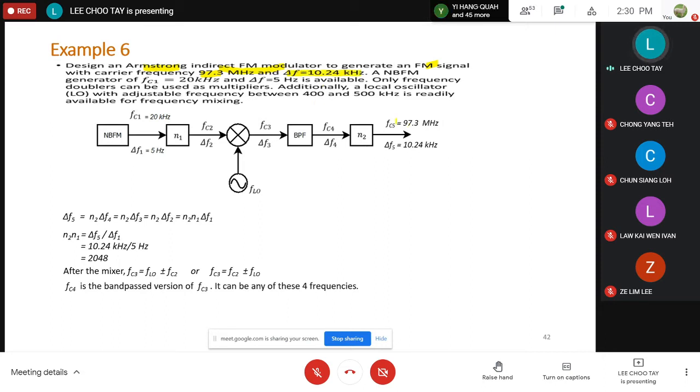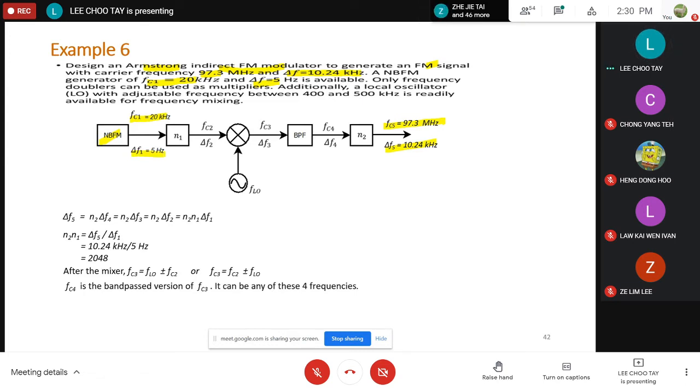Meaning at the end, we need an FM signal with a carrier frequency of 97.3 megahertz and a frequency deviation of 10.24 kilohertz. We have a narrowband FM generator that gives us a carrier frequency of 20 kilohertz and a deviation of 5 hertz. So we have this block that produces a narrowband FM signal with a carrier frequency of 20 kilohertz and a frequency deviation of 5 hertz.